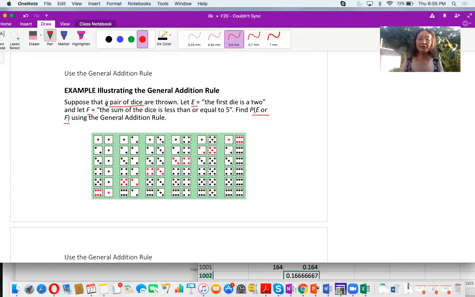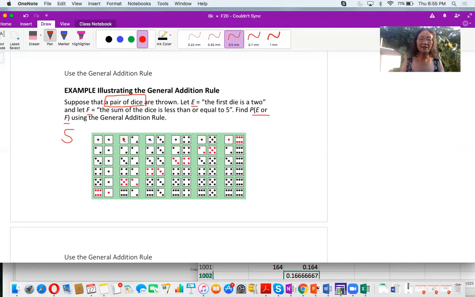So let's construct a sample space. When you throw a pair of dice together, the first die is 1. When the first die is 1, the second may be 1. When the first die is 1, the second may be 2.